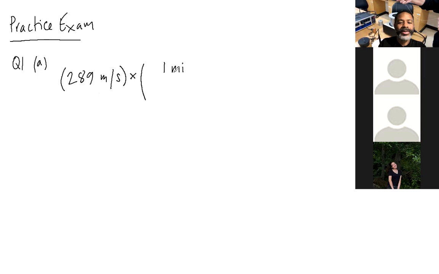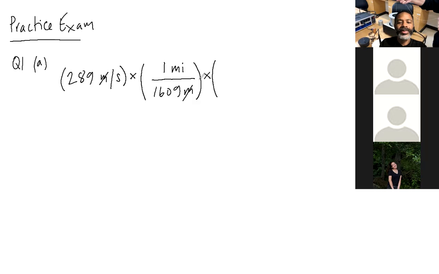1 mile per 1609 meters. And so this way, what's going to happen is the meters will cancel. So I get miles in the numerator. And then we also have to convert the seconds into hours.